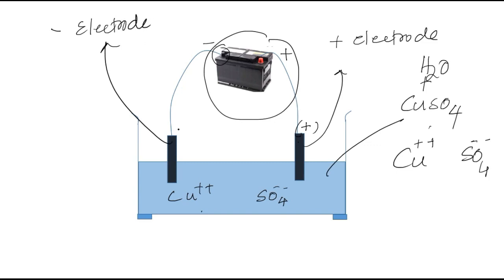That means negative charges are there on this, and on this positive charges are there, both ends, down and on the top, right? Now the solution also contains a positive charge, right? Positive charge and negative charge.